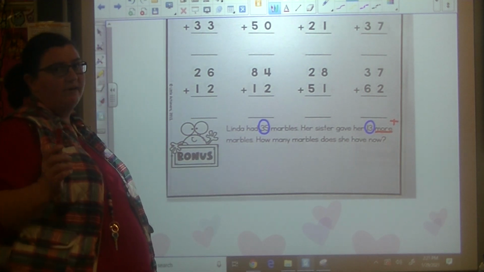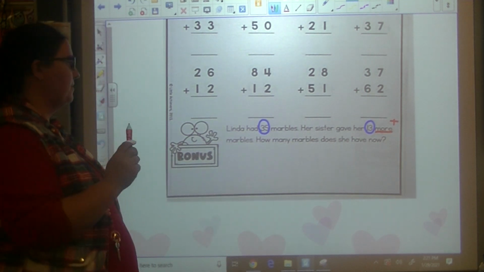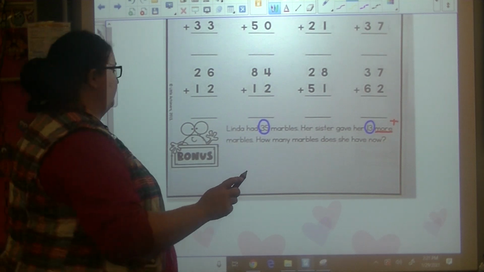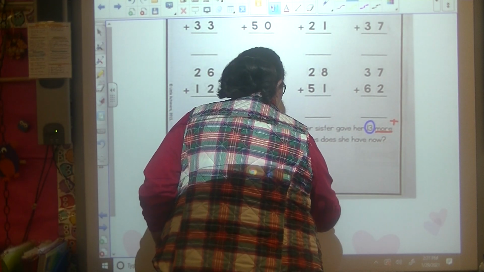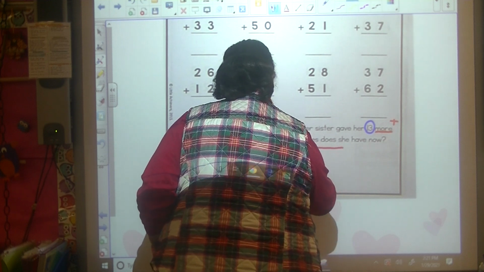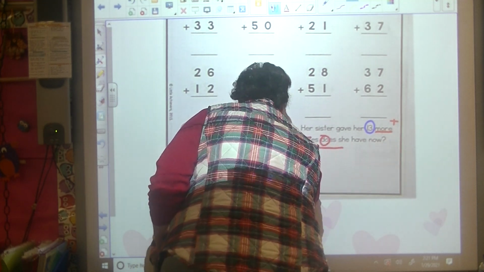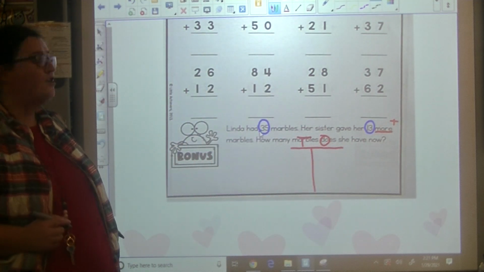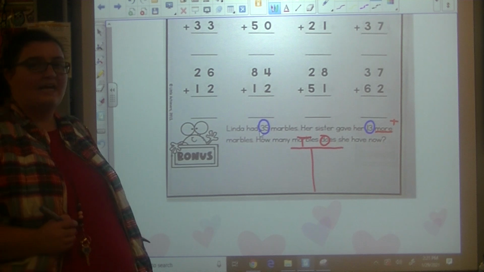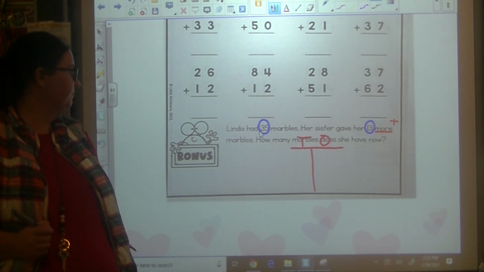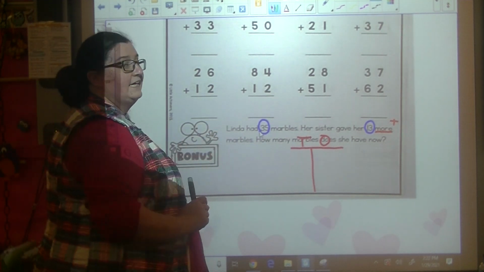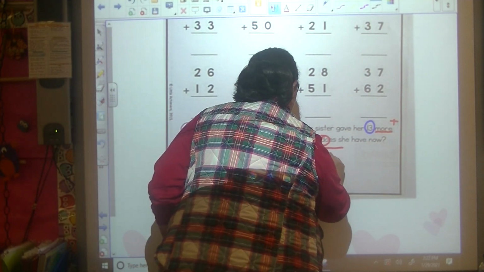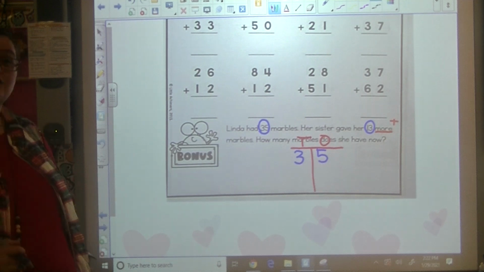We need to draw our tens and ones column so we make sure our tens are in the correct place and our ones are in the correct place. So I'm going to draw my chart first to make sure my numbers are in the correct place before I add. All right, 35. How many tens and ones in 35? 3 tens and 5 ones. Write 35 in your chart.